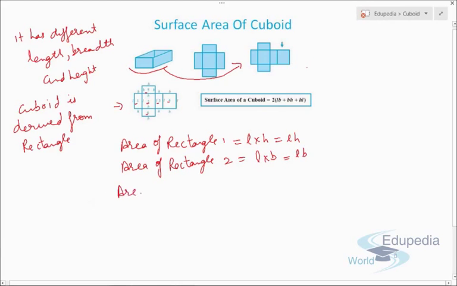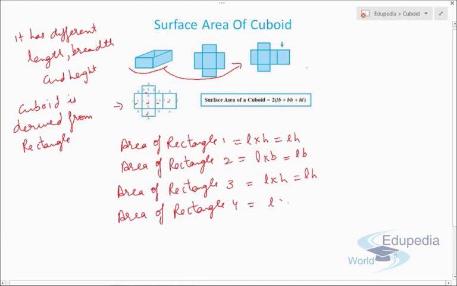Then we can write area of rectangle 3 as L into H, which is LH. Then we can write area of rectangle 4 as L into B, which is LB.